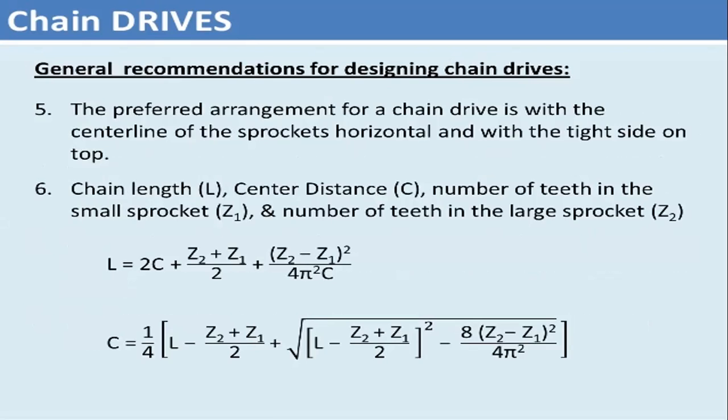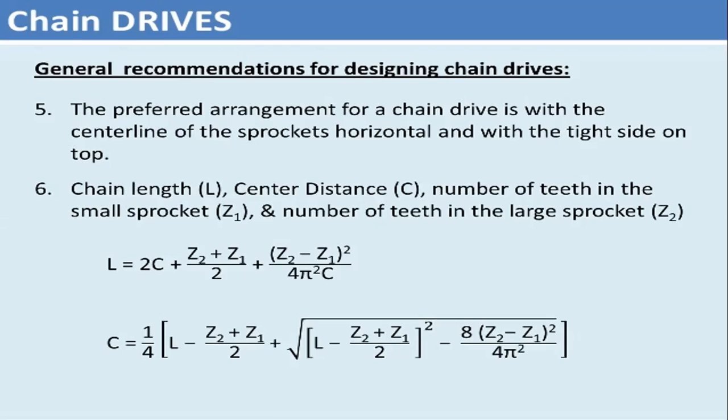Then the chain length L, the center distance C, and the number of teeth in the sprockets: L for the chain length, capital C for the center distance, Z1 for the number of teeth in the small sprocket, and Z2 for the number of teeth in the larger sprocket.